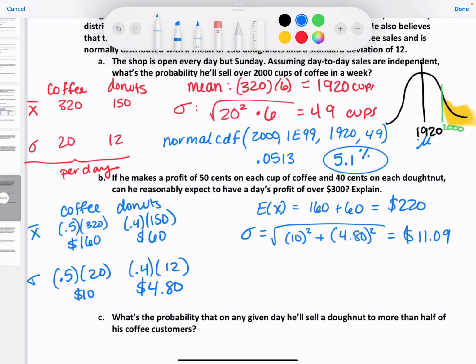So then we want to know, with a mean of 220, what is the chance that he makes more than 300?